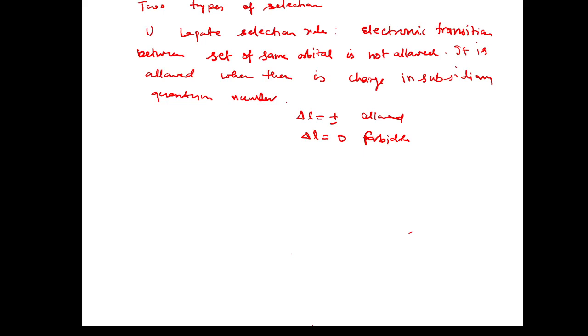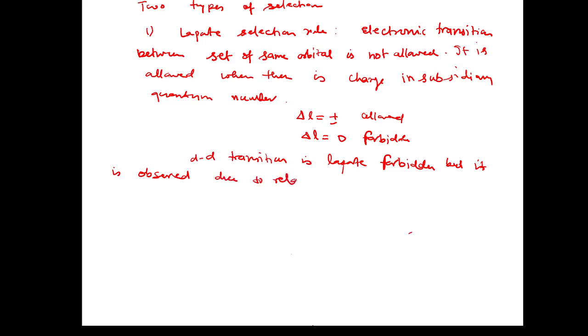The d-d transition is Laporte forbidden, but it is observed due to relaxation in the selection rule.